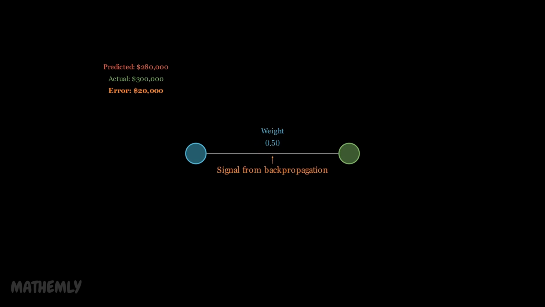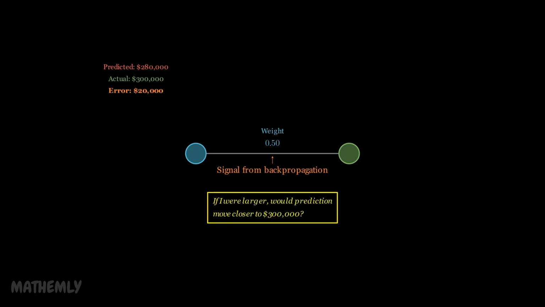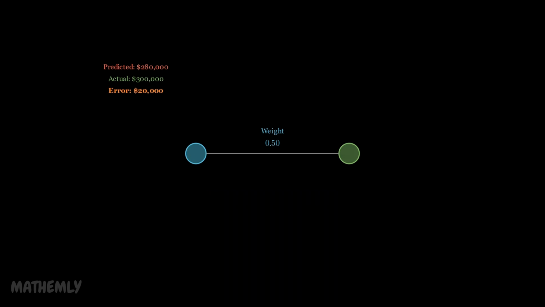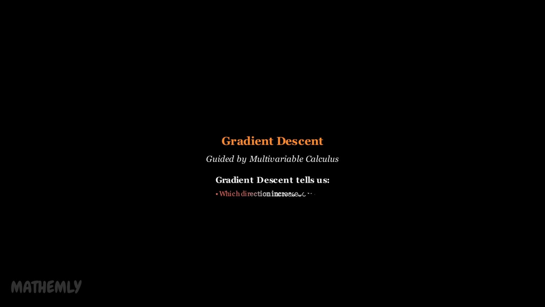Every weight effectively asks, if I were a little larger, would the prediction move closer to $300,000 or would it move further away? Under the hood, this decision is guided by mathematics from multivariable calculus through a method called gradient descent. Gradient descent tells the network how the loss changes when each weight changes, in other words, which direction increases the error and which direction decreases it.